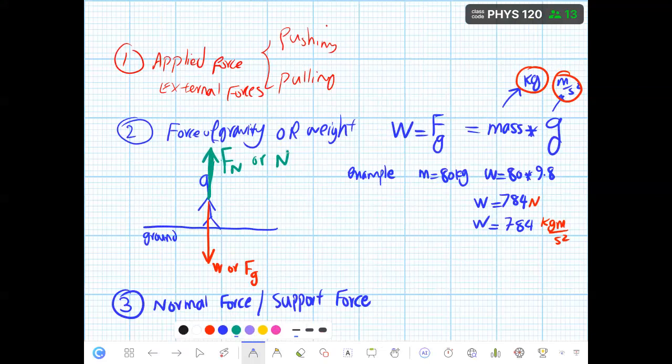The normal force is always perpendicular to the surface. What is the surface here? The ground, yes? The ground is acting like a surface. And the normal force is always perpendicular to the surface. Good?